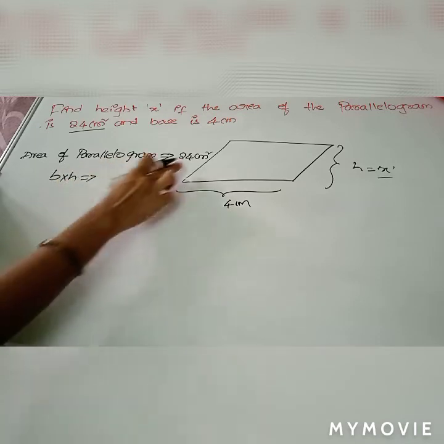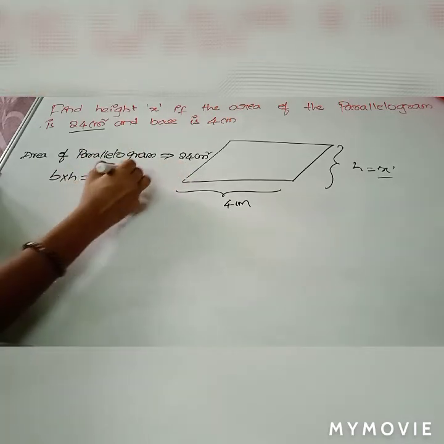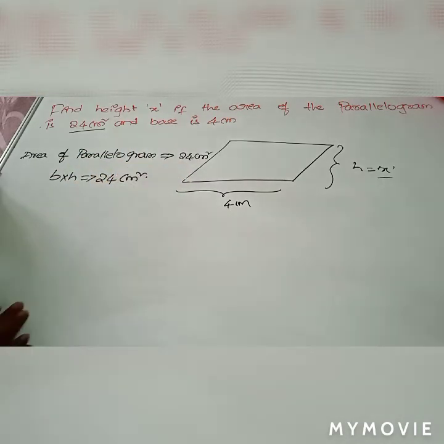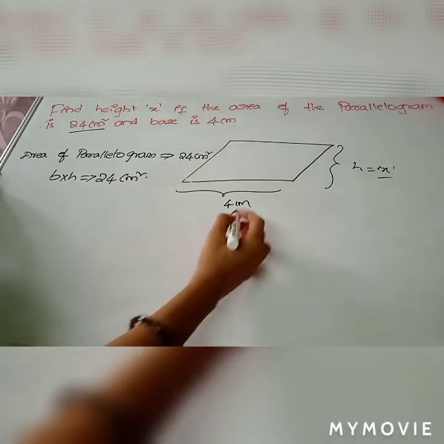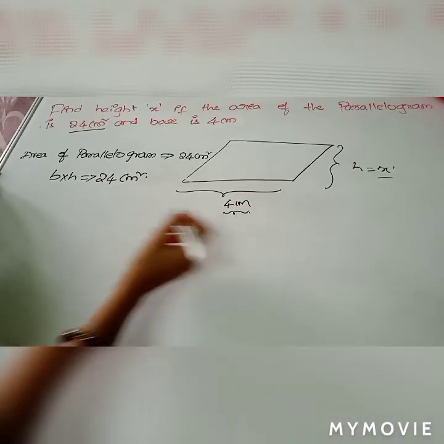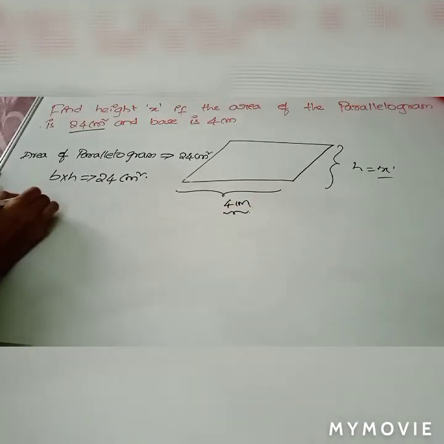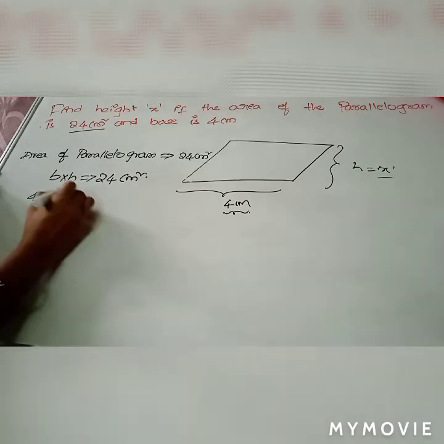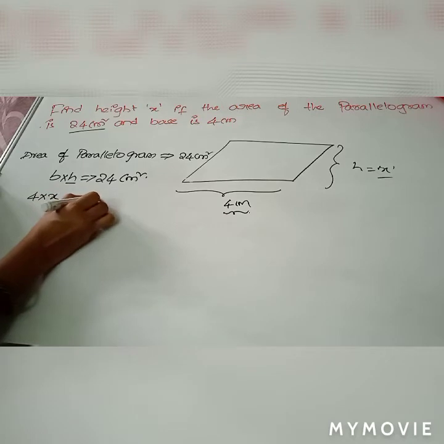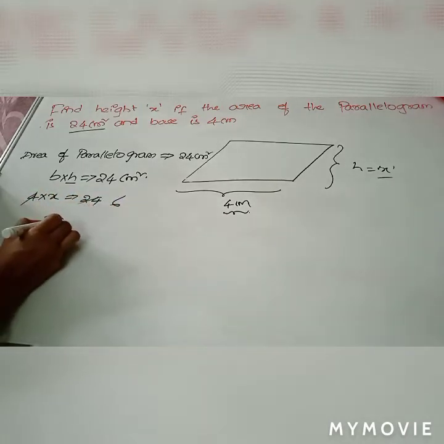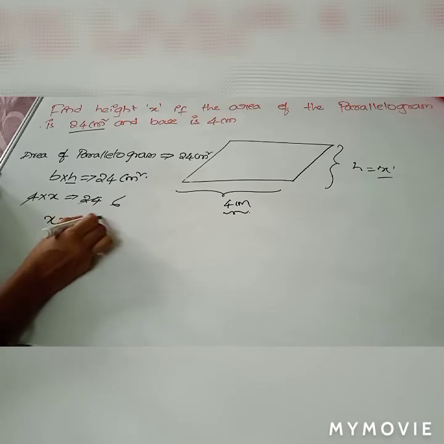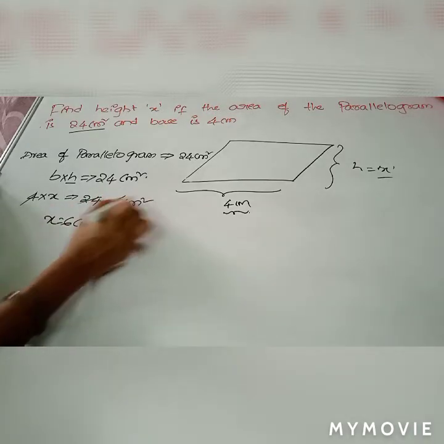Yes, base into height is equal to 24 square centimeters. Here the base is 4 centimeters, so 4 into x, where x is the height, is equal to 24. So 4 sixes are 24, where x is equal to 6 centimeters.